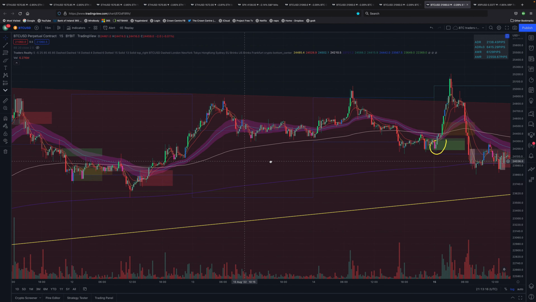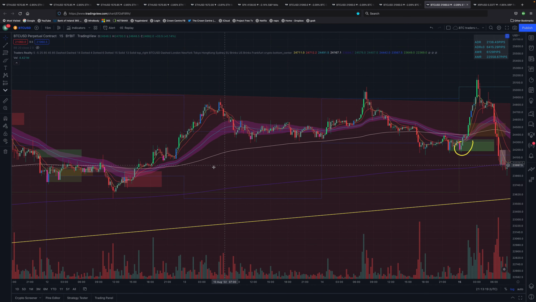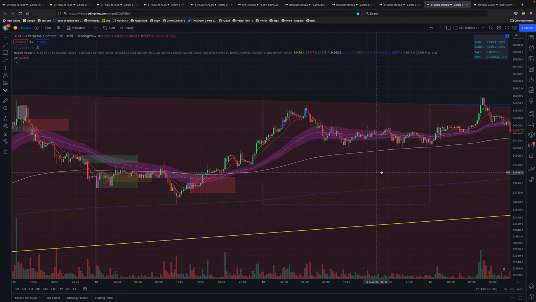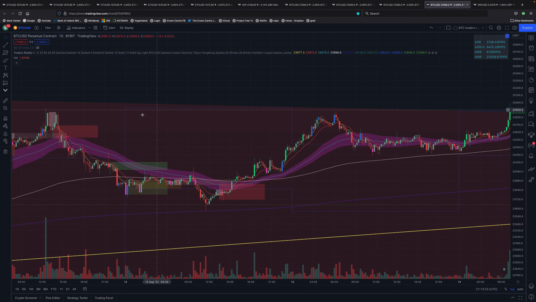Now I want to show you the purple vector at the top, because at the top it means the same thing. When you see it at the top, it means it has topped out. There's still some residual pump energy here, but then it tops out and starts coming down.